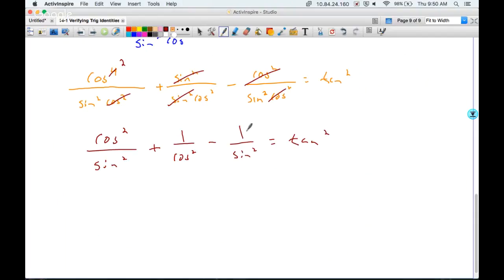Let's try combining these two now, but not that one. I don't know, maybe I'll make this a cotangent squared for a second. Sine over cosine sine minus cosine over sine cosine. Those are squareds.